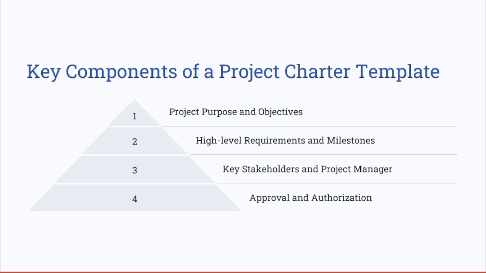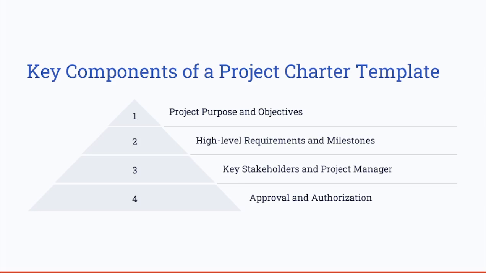One of the key points your project charter has to include is the project purpose and objectives. You may also include high level requirements and milestones, the key stakeholders and project manager assignment.